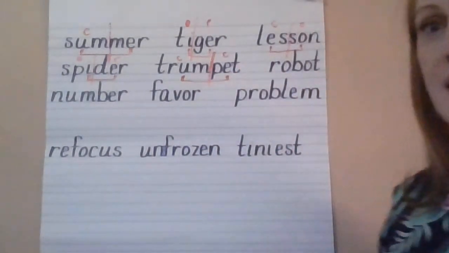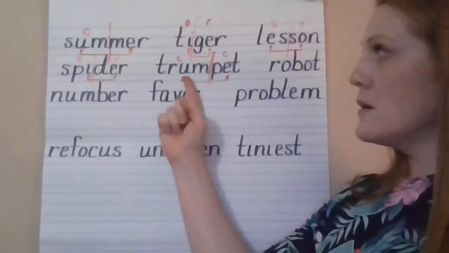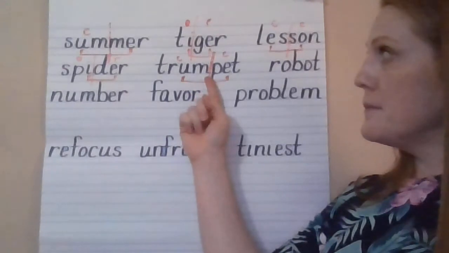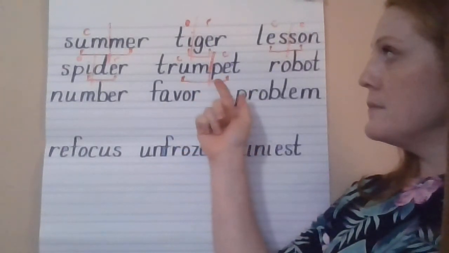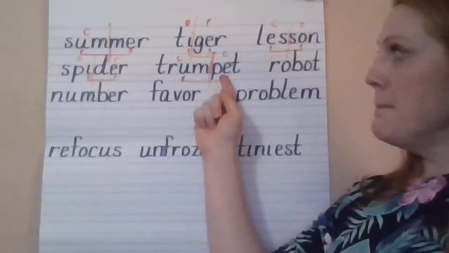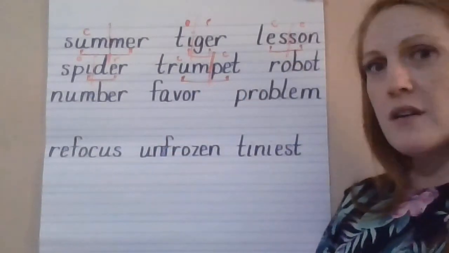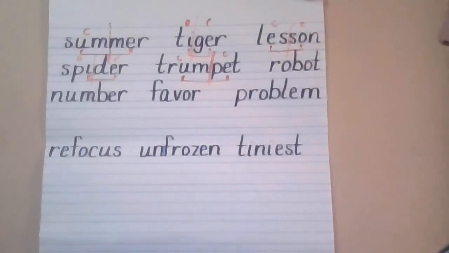As I point to the letters, say the sounds. Keep the TR together. Did you say trumpet? Very good. Put that together. What is our word? Trumpet. Very good. An instrument.